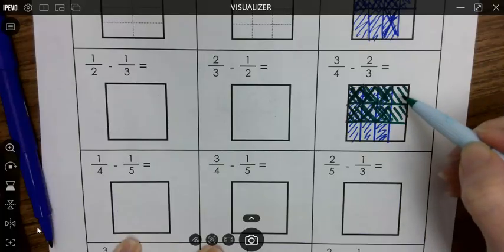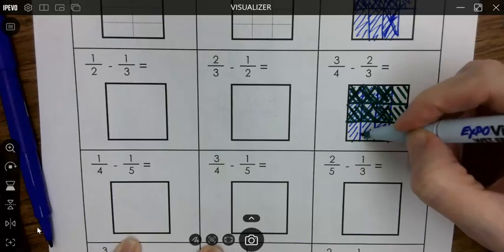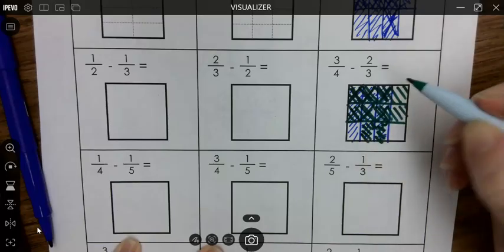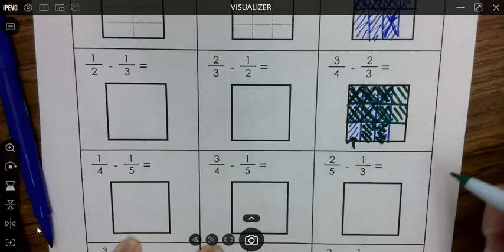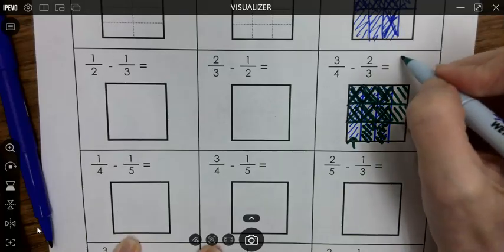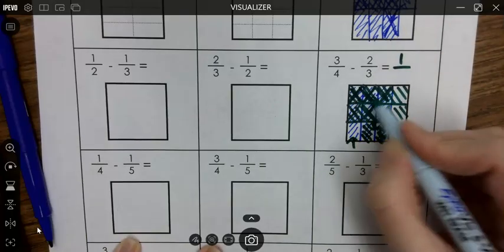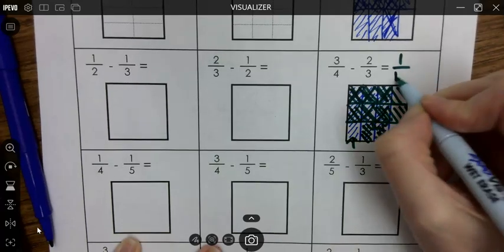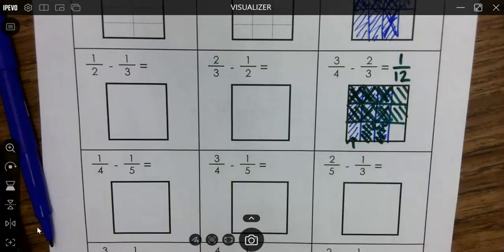However, I need to take away this and this too, but there's nothing there. So I'm going to shift those lines down here to take away those, which would then leave me with just this one that is shaded in. So one of these 4, 8, 12 equal size pieces is what we are left with. So 1/12.